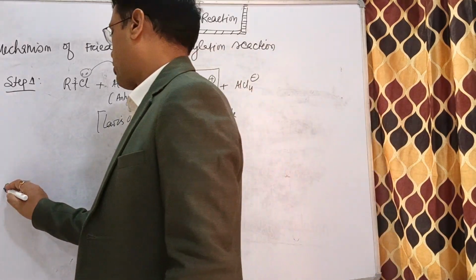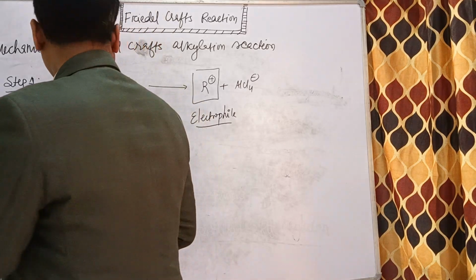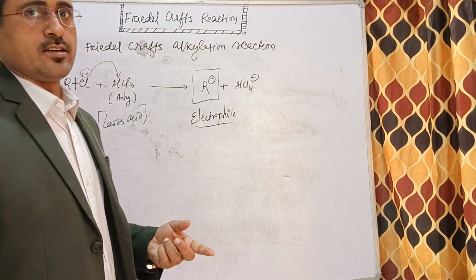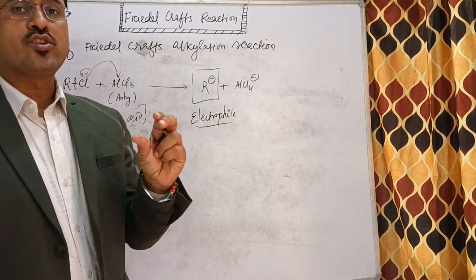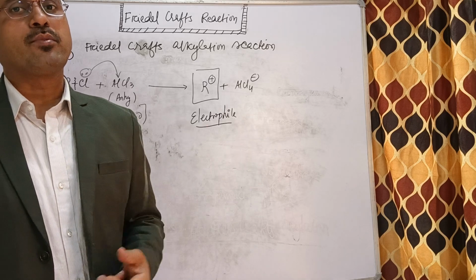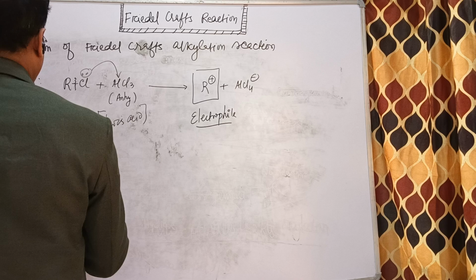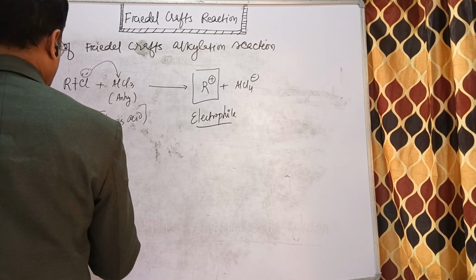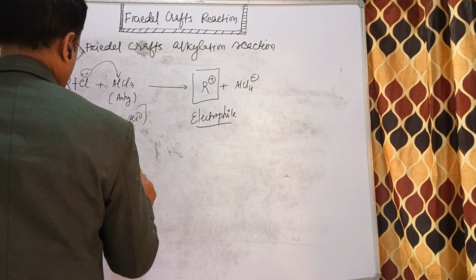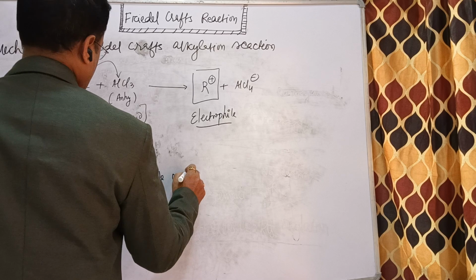For step 2, the electrophile generated attacks the benzene, because benzene is an electron-rich species which can donate the pi electrons. So now, attack of the electrophile on benzene.